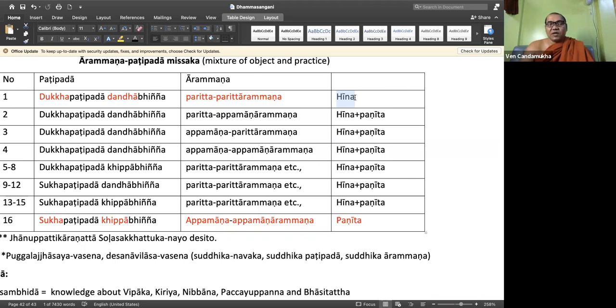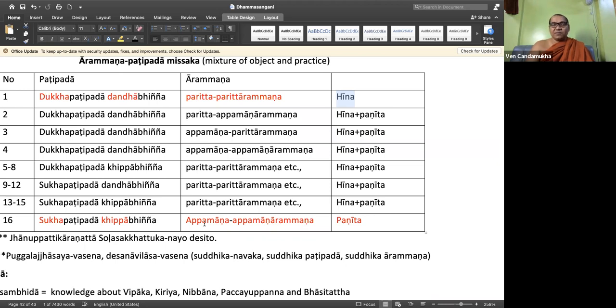How many reasons? Suppose the reason to be called hina is maybe 3, then that's hina panida. But if the reasons for being panida, superior, are 3, then in that case you can call it panida hina. Comparatively, number 16 is the sukha padivara, easy practice, and khippabhinna, quick attainment, and the object is the appamana, meaning repeated, becoming a master in the respective jhana, and the appamana arammana object is a strong and large enough object, so that kind of jhana is called panida.